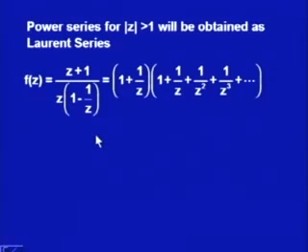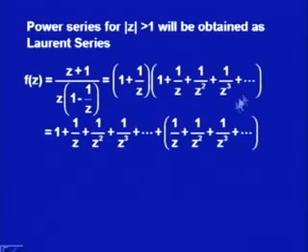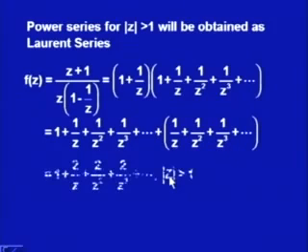If you multiply these terms, it will simplify to this series, and further simplification will give me 1 plus 2 upon z plus 2 upon z square plus 2 upon z cube and so on, modulus z is greater than 1. And here you may notice that the terms are appearing in the denominator, or we have negative powers of z. So, it is a Laurent series expansion of the function, but it is valid for modulus z greater than 1.